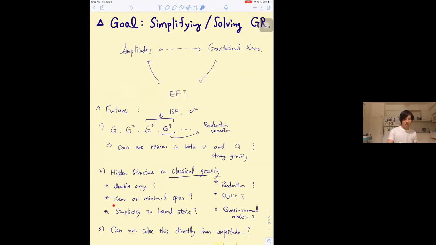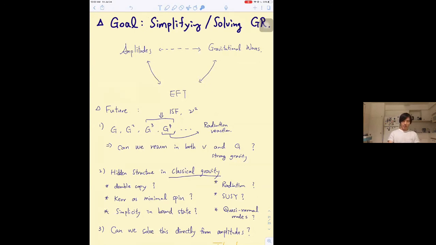Another thing is what Yu-tin discovered with his collaborators, Barnes, Carrara, and Ochirov, that the Kerr black hole corresponds to the minimal spin. But we don't fully understand this even at the level of the G squared computed amplitude. So that would be something interesting too.